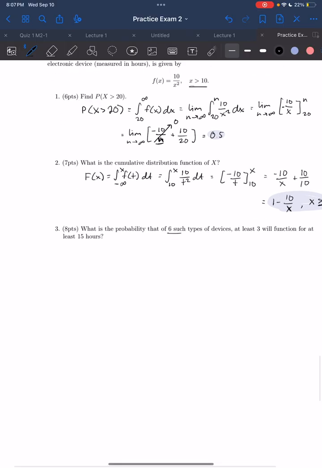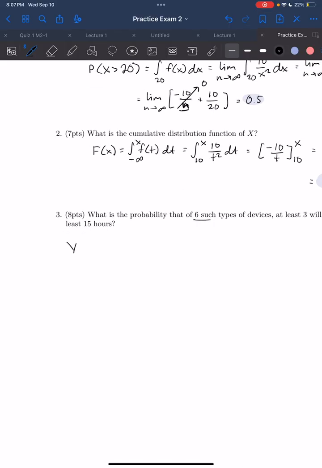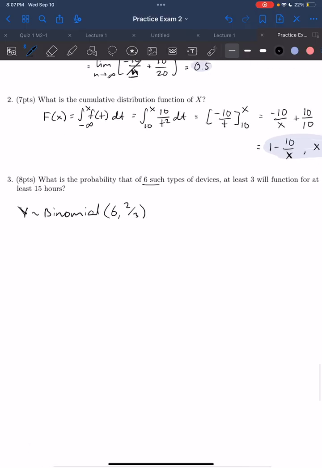So we can say that y is the number of devices out of the 6 that function for at least 15 hours. So that can be binomial 6, and then 2/3 is the probability. Okay, so actually we should calculate this first.